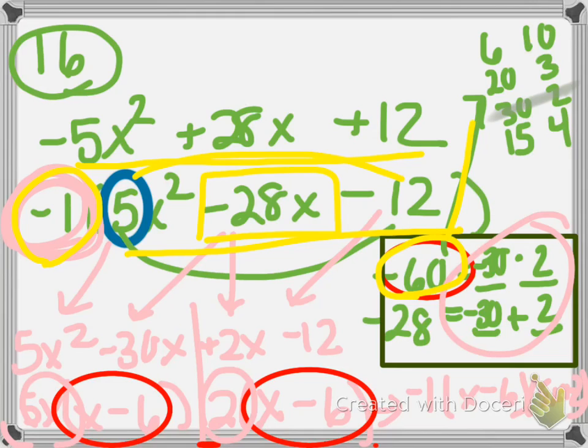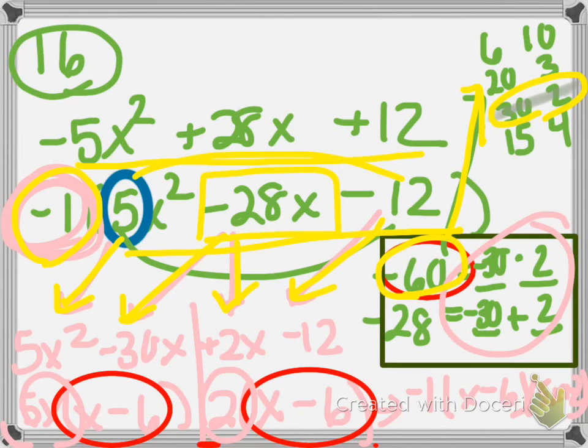I thought of all the factor pairs that got me 60. I realized that 30 and 2 works. It fits my puzzle in this box here. I took my trinomial here, 5x squared. I broke up negative 28x, and then I have that negative 12.